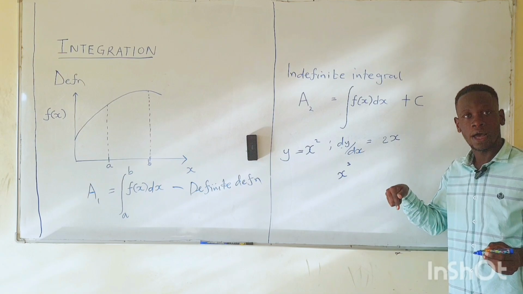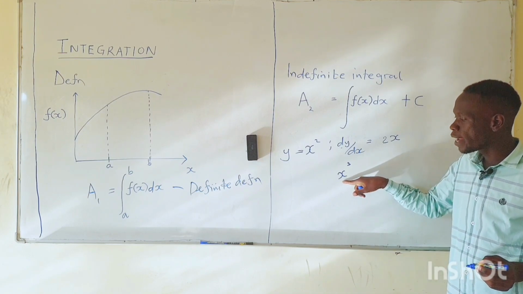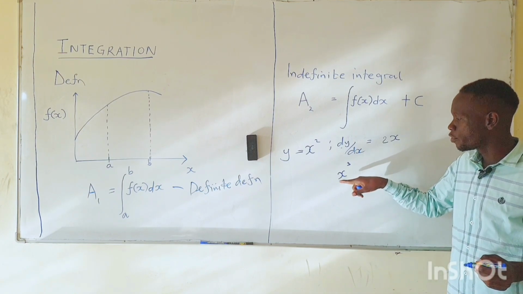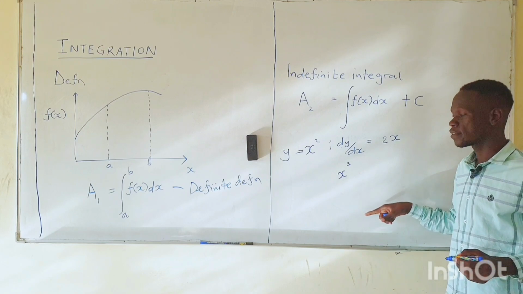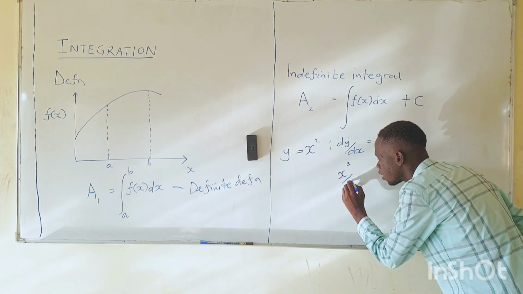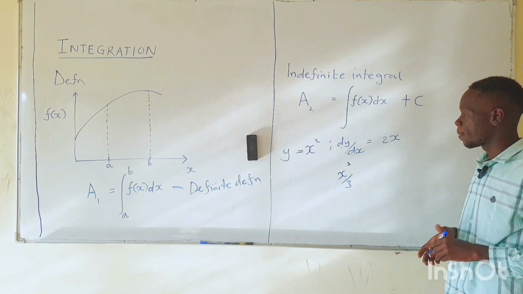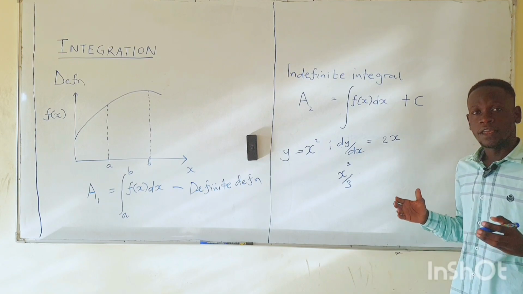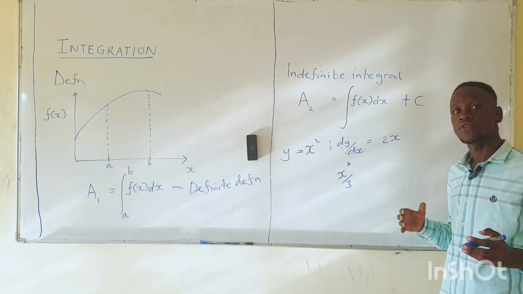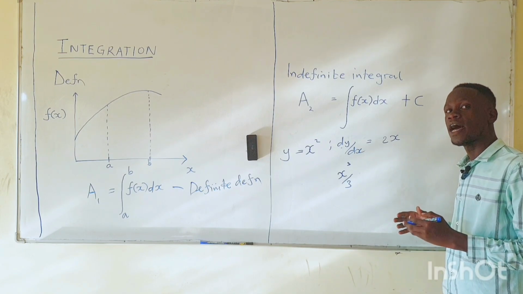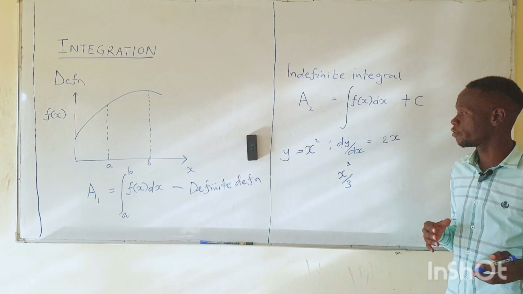Then the new power is divided at the base. So it would be that. So basically, integration is the opposite of differentiation, and differentiation is the opposite of integration.